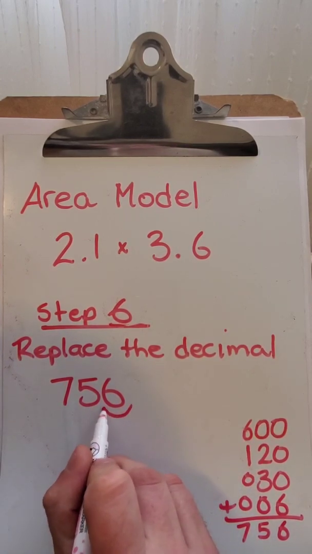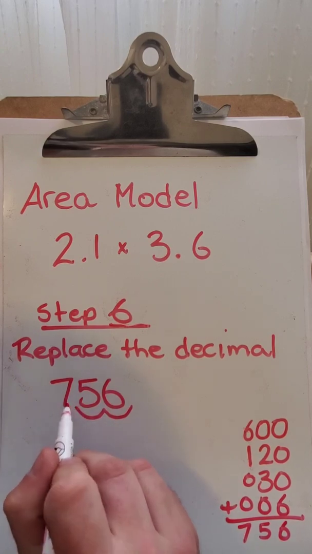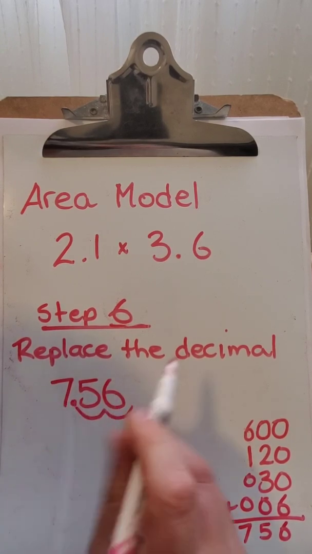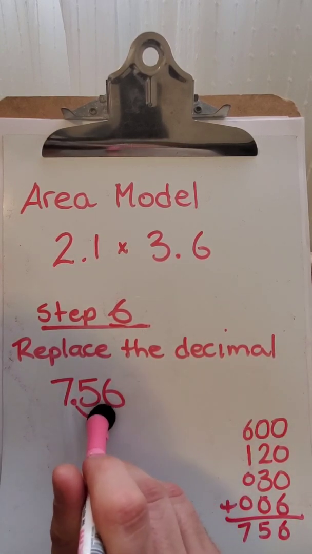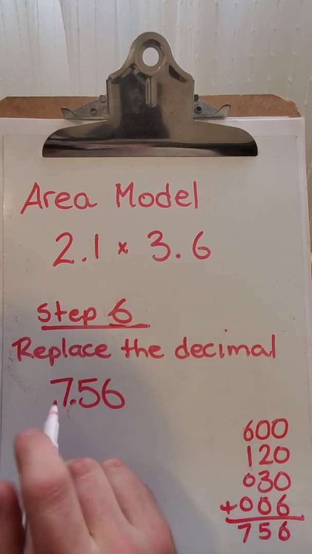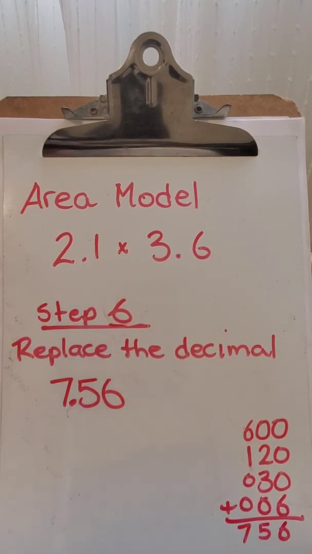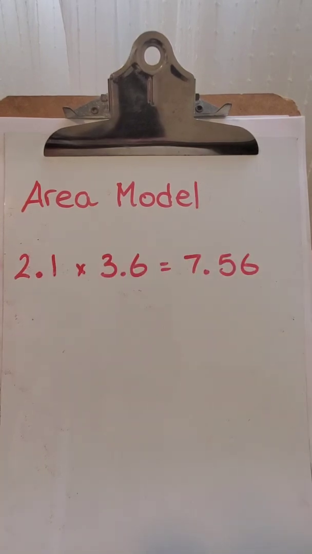So 1 space, 2 space, place my decimal. And the answer is 7.56, otherwise known as 7 56 hundredths. 2.1 times 3.6 equals 7.56.